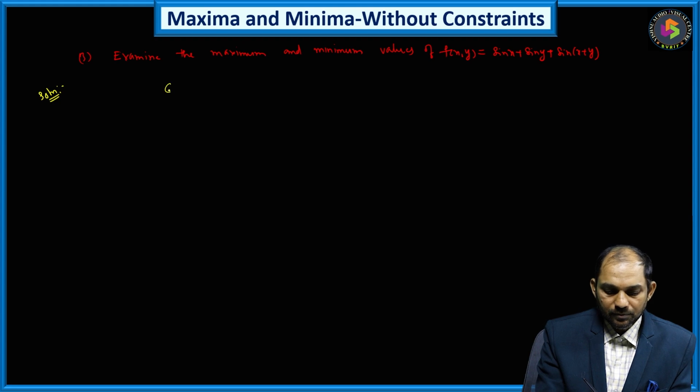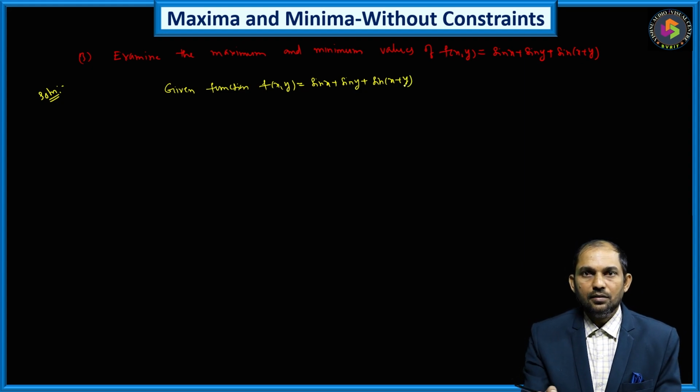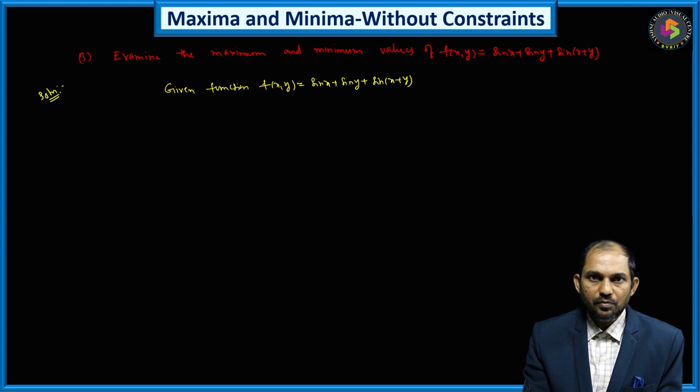So the given function in terms of two independent variables is f of x comma y equals sin x plus sin y plus sin of x plus y. For this we use the necessary condition for a function to admit either a maximum or minimum: the first order partial derivatives should be 0.